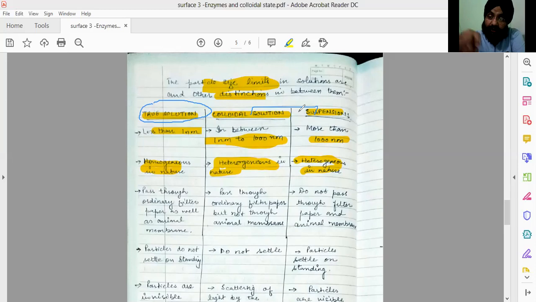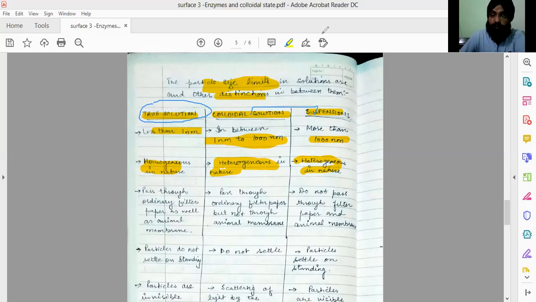Whereas some particles of mud, of clay, remain suspended in the solution. They are not going to settle down. Those form the colloidal solution. Simple examples of colloidal solution: Dettol in water, chalk in water, milk in water, right?